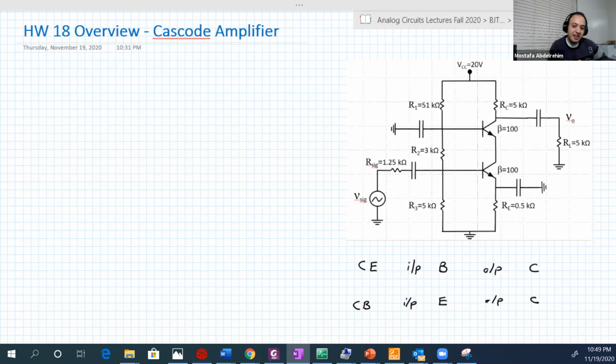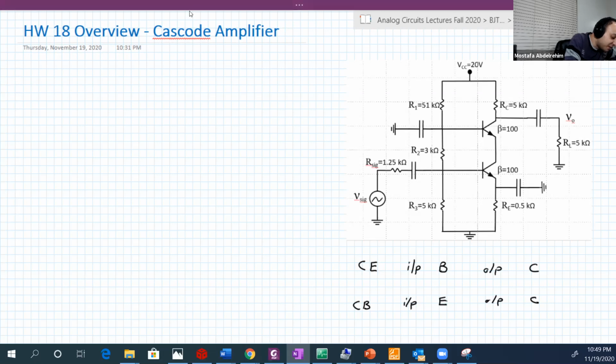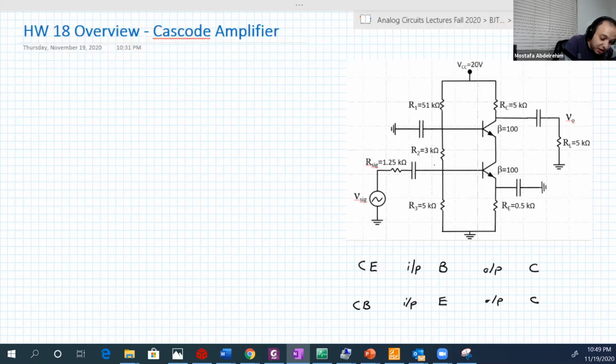So let's see here which transistor serves as a common emitter and which serves as a common base. Let's start with the bottom one, because it's near the input. The input here is going into the base. So let's call this Q1, and this Q2. The input of the whole circuit is at the base of Q1, base 1.